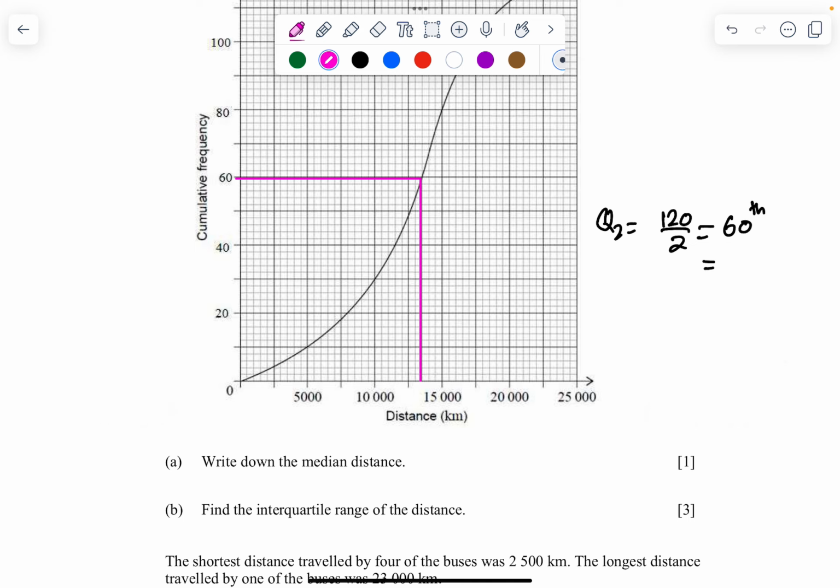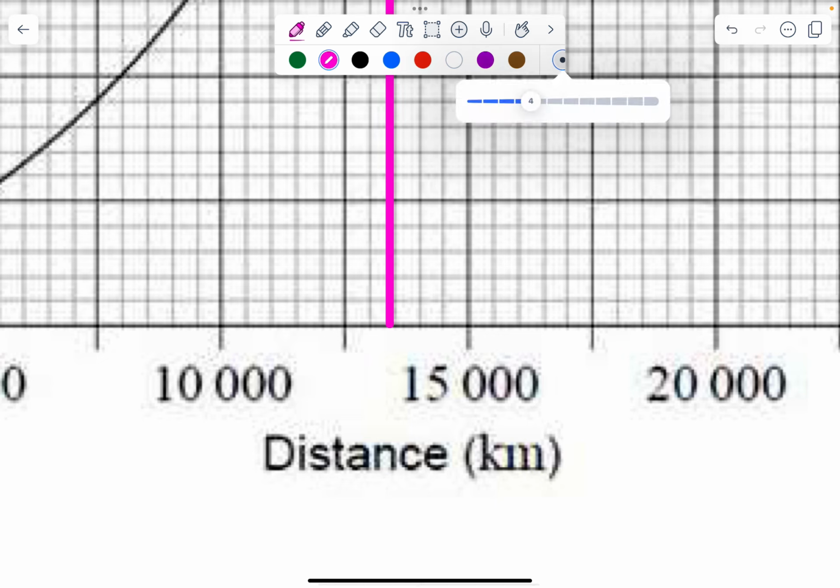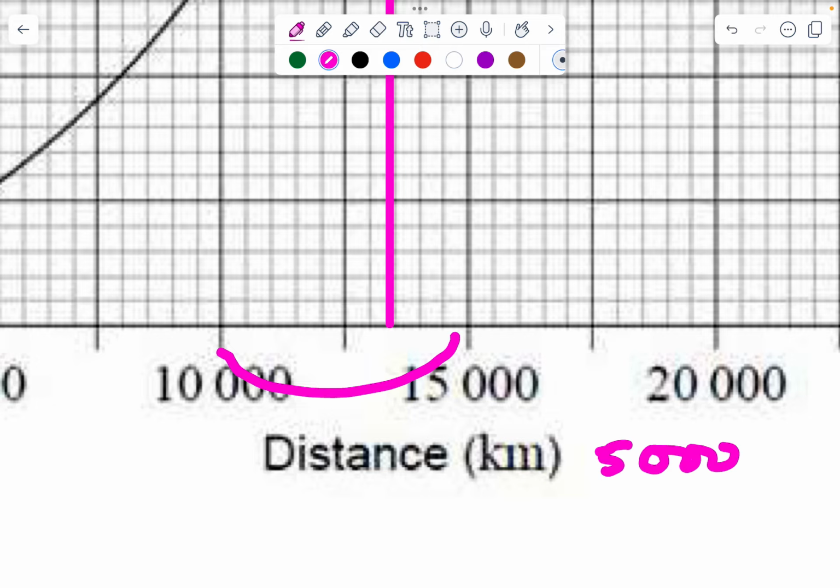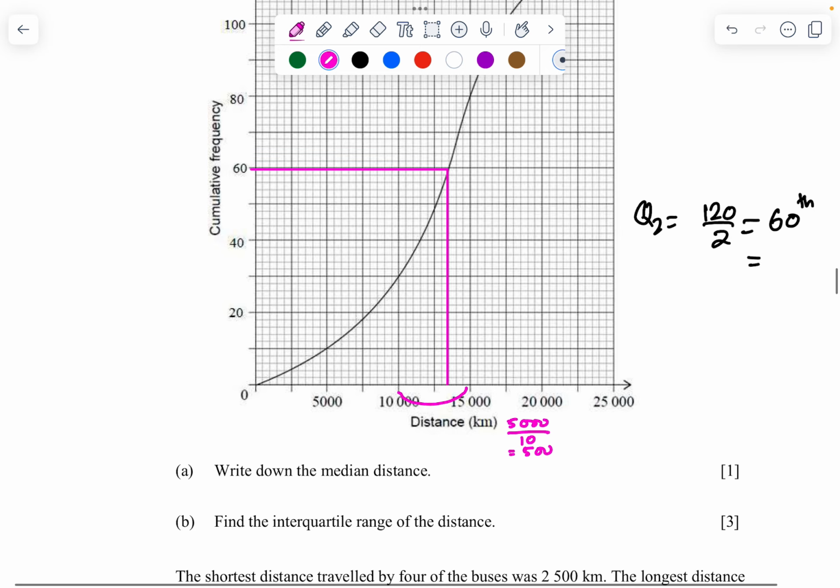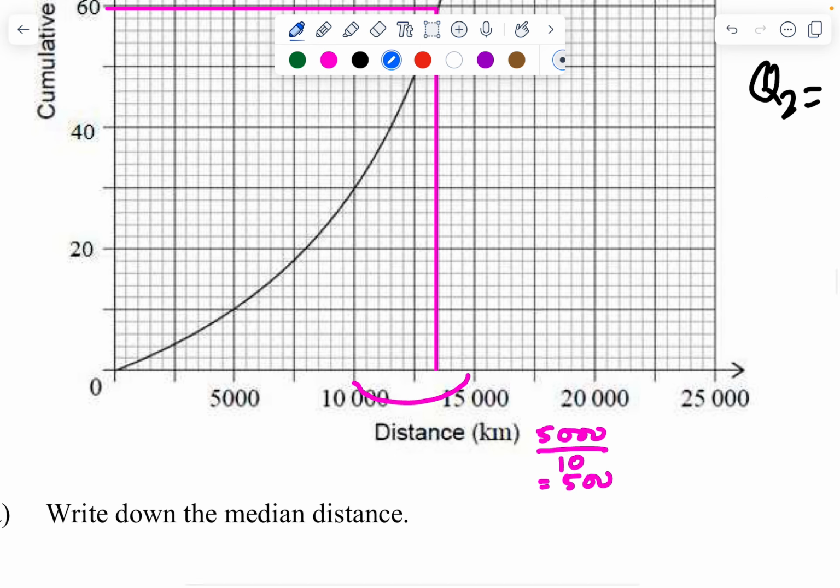So what is this value? We can see that the gap is 5000. And how many parts are there? 10 parts are there. So each part is going to be 500. So it's going to be 10,500, 11,000, 11,500, 12,000, 12,500, 13,000, 13,500.